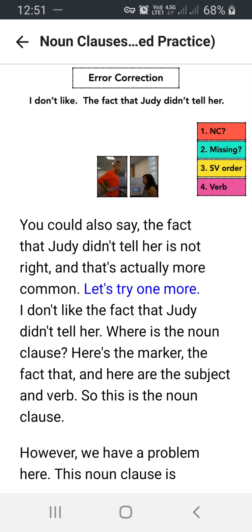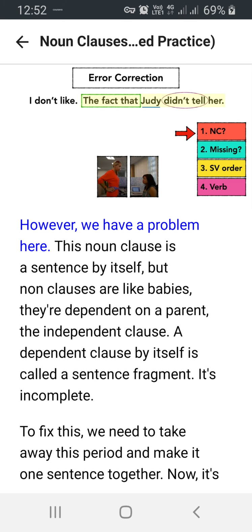Let's try one more. I don't like. The fact that Judy didn't tell her. Where's the noun clause? Here's the marker, the fact that, and here are the subject and verb. So this is the noun clause. However, we have a problem here. This noun clause is a sentence by itself, but noun clauses are like babies.